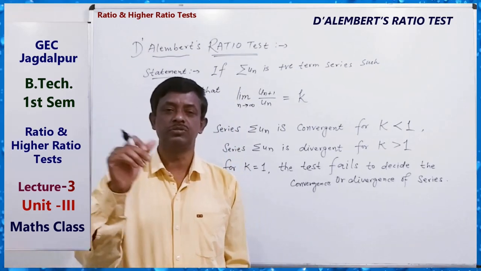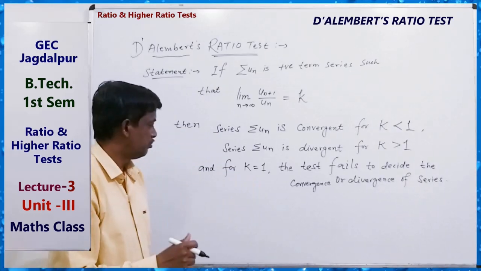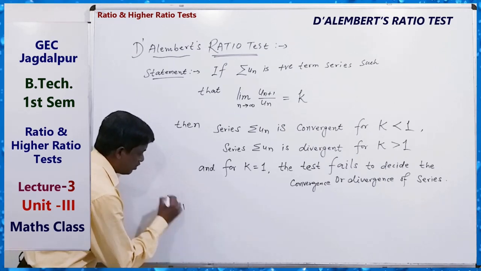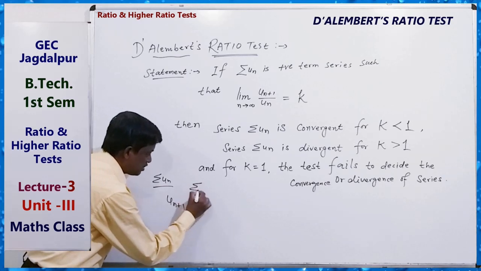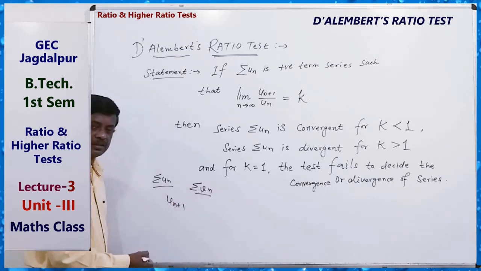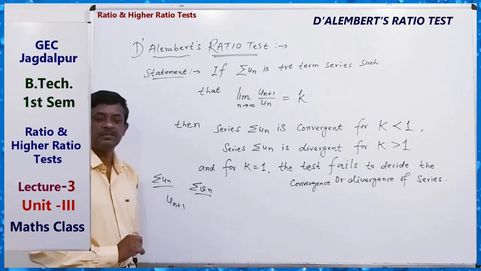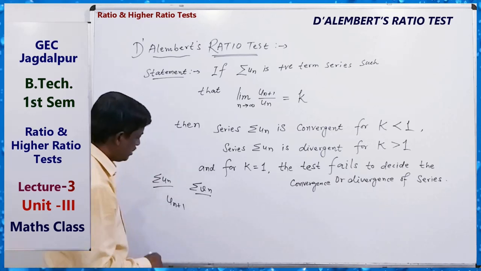Summation Un is a series and summation Vn is another series whose convergence or divergence we know easily by a basic test.